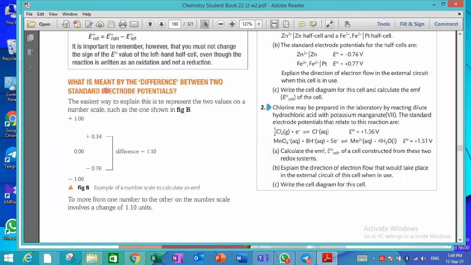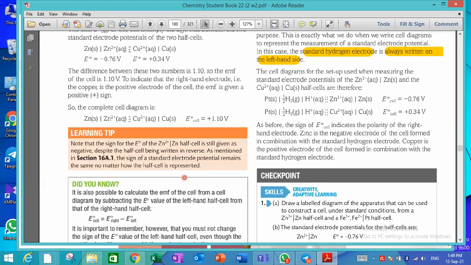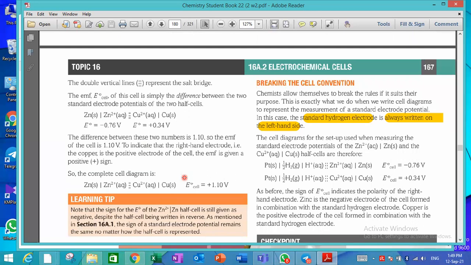Now, what is meant by the difference between two standard electrode potentials? Of course, when we have a certain electrode potential and another, the difference shows the difference in reactivity of these two metals. For example, if we have two half cells, we get the difference in reactivity between these two metals.